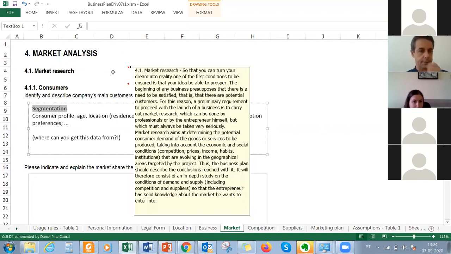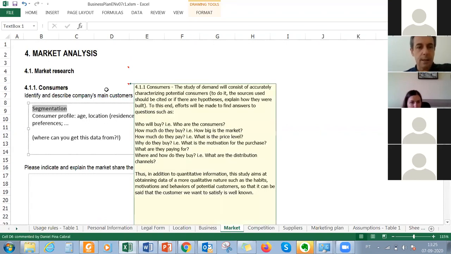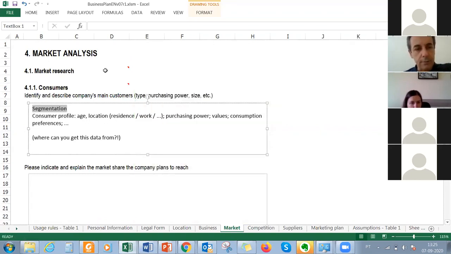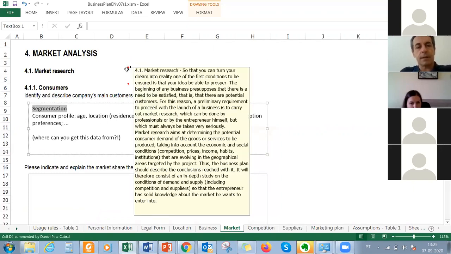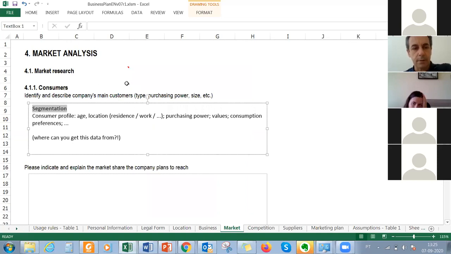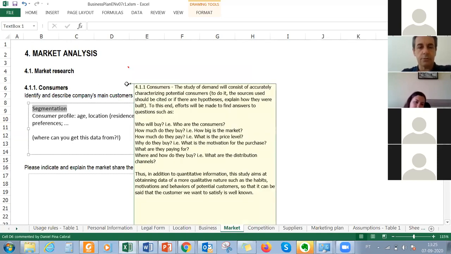some efforts concerning market analysis, where you can also try to see what are some definitions. By market research, what you can understand as market research. By customers, or consumers, what should you understand about the consumers?